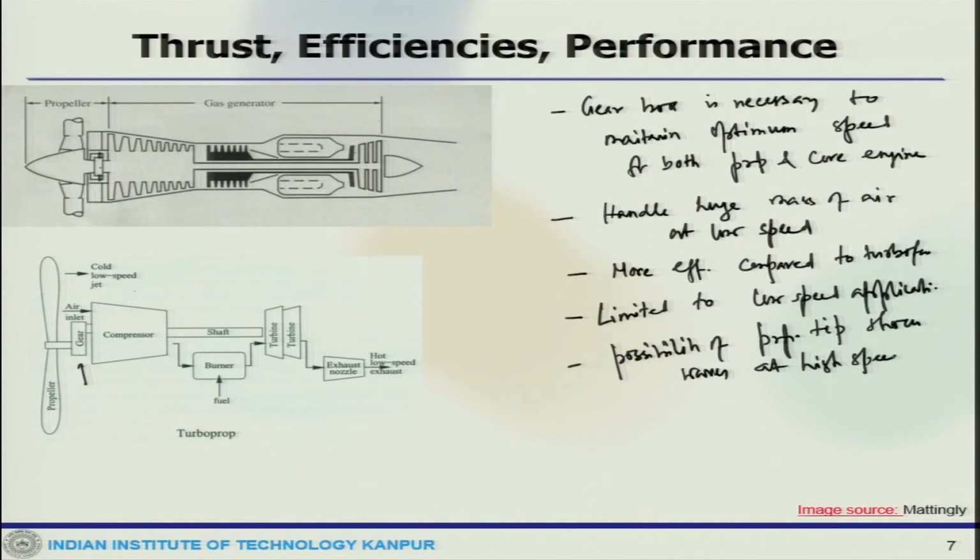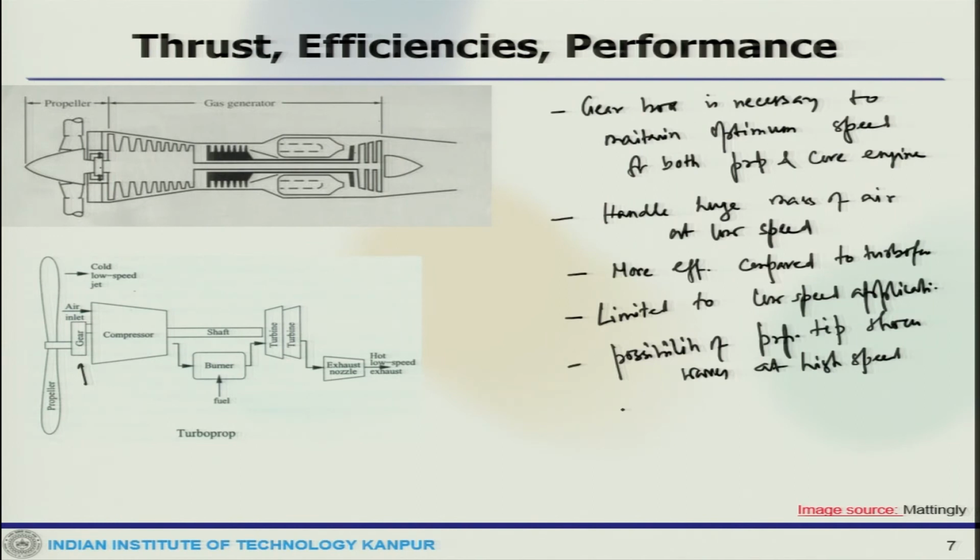So, that restricts the application at high speed. Another disadvantage is that because of the gearbox and the huge propeller, the engine becomes a bit bulky and heavier. But obviously nothing is perfect. Whenever we use something, it comes with some added advantage and some added disadvantage. So, these are the basic gas generator with some components like turbojet, turboprop or turbofan engines.